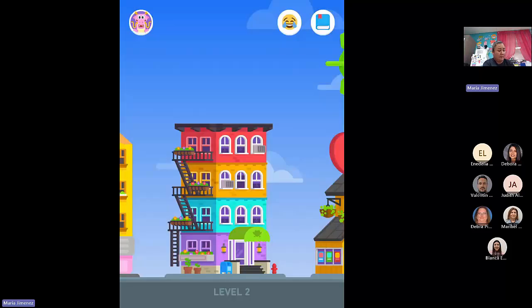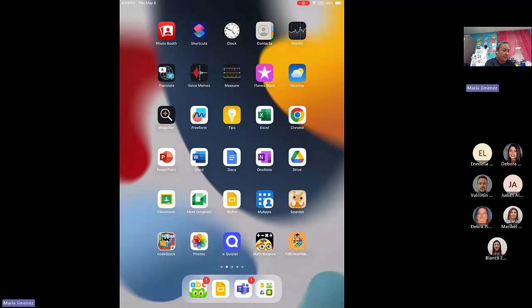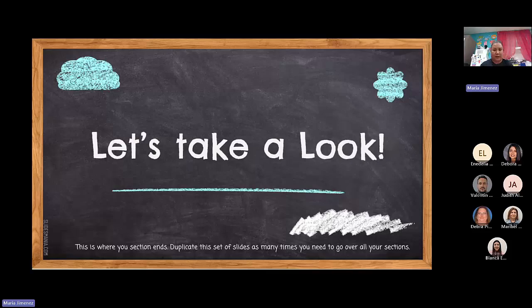So I think it's beneficial for your kids to practice, to use it in class. It is free. And we all have those students, even in upper grades, that are not at level. It's something we could use. The only thing is that this is in English. There is a Spanish version, but the words or terminology are different because it's from, I want to say, Europe.